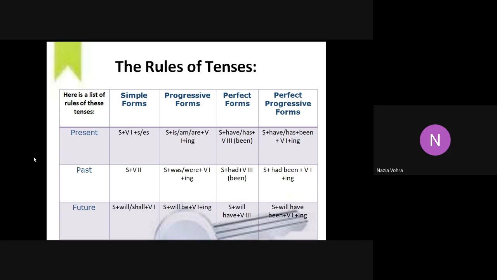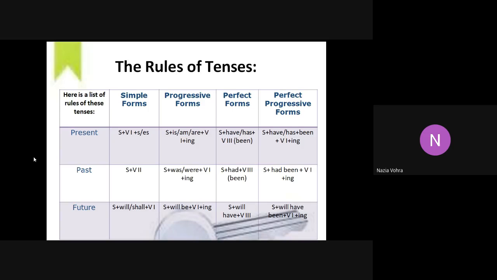But to be very honest guys, keep in mind બહુ ટેન્શન લેવાની જરૂર નથી. Okay, in modern grammar they say that we hardly use perfect progressive forms of tenses and perfect forms of tenses. So here, when you are talking about a perfect progressive, you're going to join the rule of progressive form and the perfect form. So the verb we will be using will be verb 1 and ing for all present, past and future.